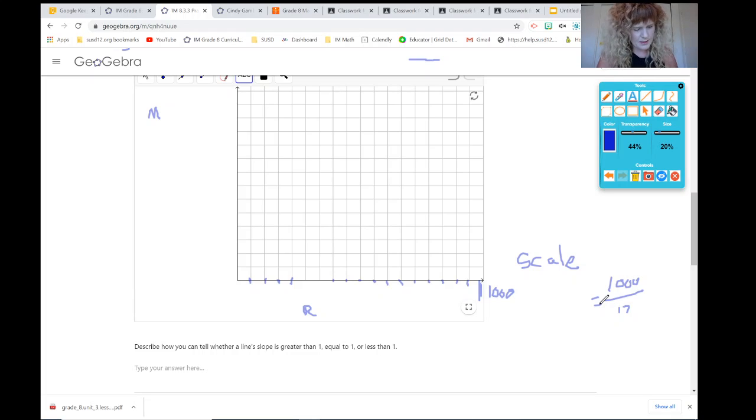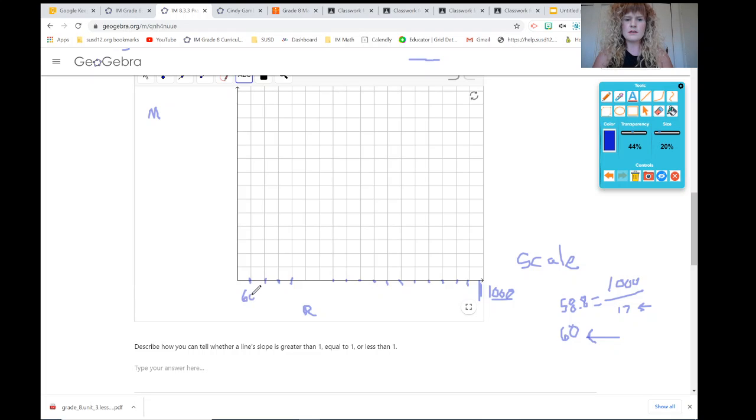And what does that give us for how many tickets per tick mark? It says 58.8. Well, that number is not comfortable to work with. So I'll round it up to 60, because I want to go up to 1,000. But we have 17 tick marks. So let's use 60 tickets per tick mark.